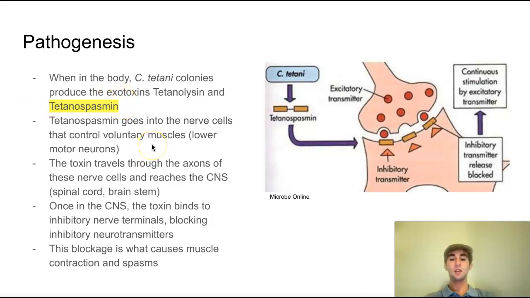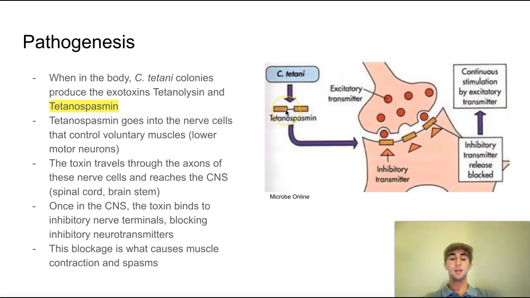It's going to enter the nerve cells surrounding the site of infection, these lower motor neurons, controlling your voluntary muscles. And once they get into these nerve cells, they're going to travel through the axons. So all the nerve cells are connected. They're going to reach the central nervous system, so either the spinal cord or the brainstem. And then once they're there, that's where the damage is going to be done.